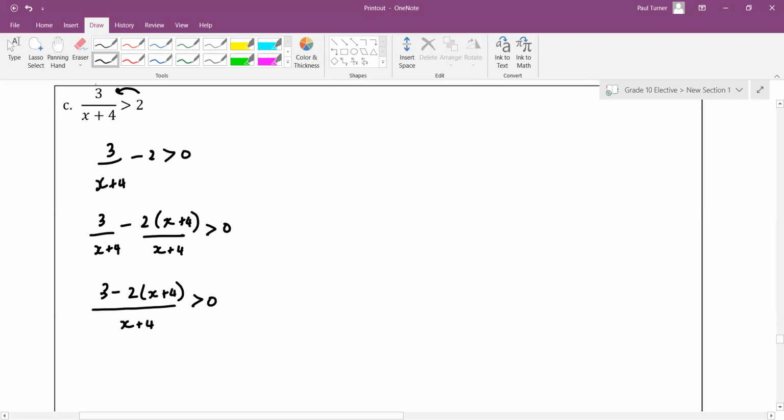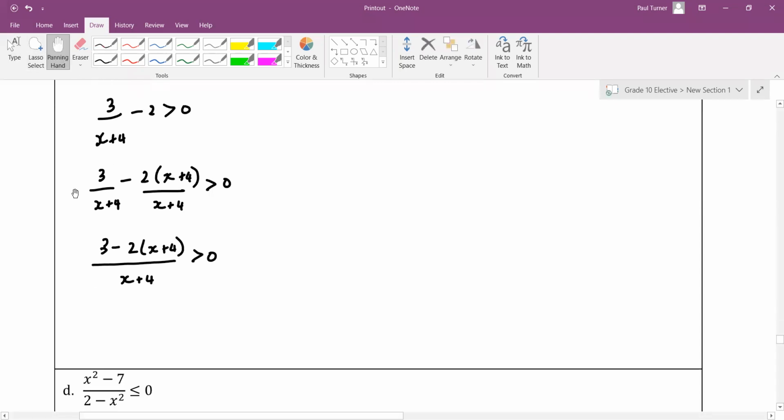And now we'll just expand the bracket there. So we'll have 3 minus 2x minus 8 on x plus 4 greater than 0. So 3 minus 8, that's -5, minus 2x on x plus 4 greater than 0.